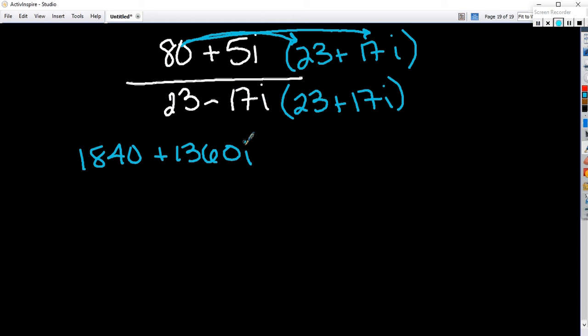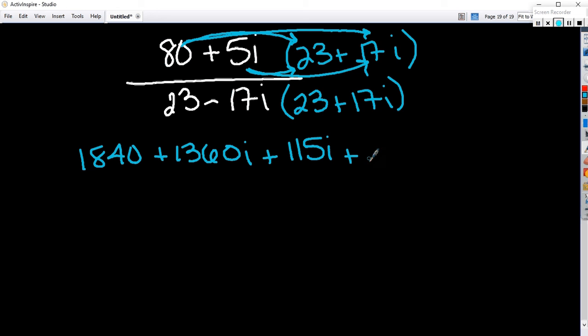You got a lot of work. Good thing you don't make the test up. 5i times 23. That should be like 150, I think. And then 5i times 17i. It's like, I think it's like 85. What is it? 85?